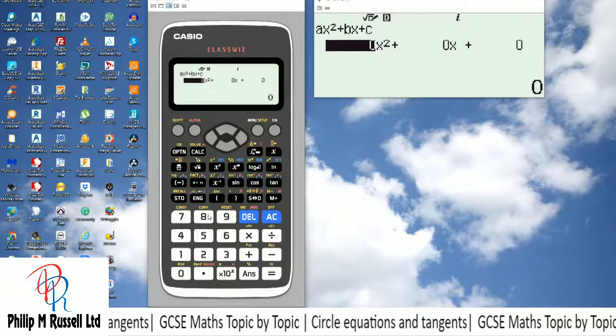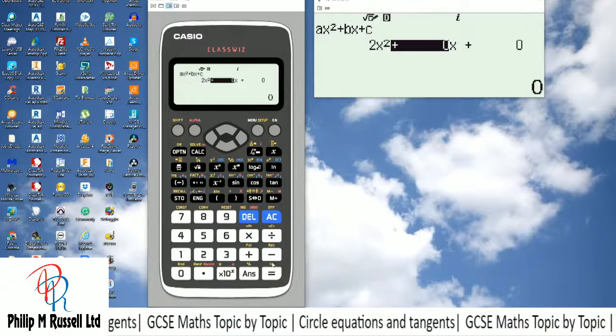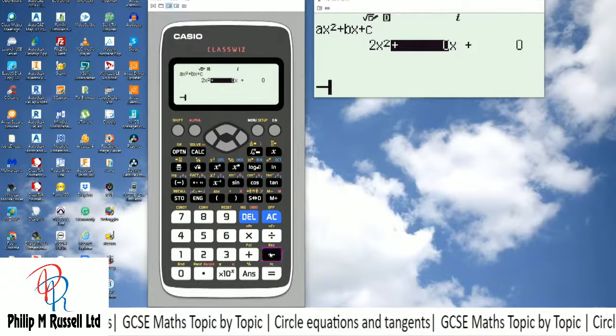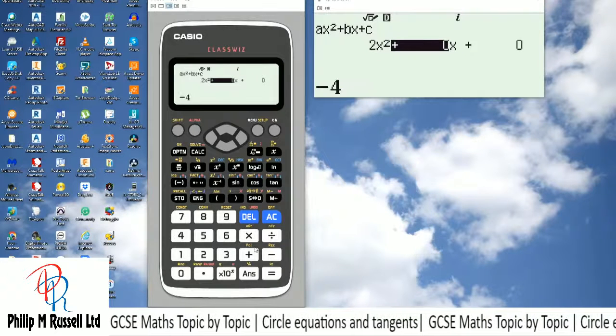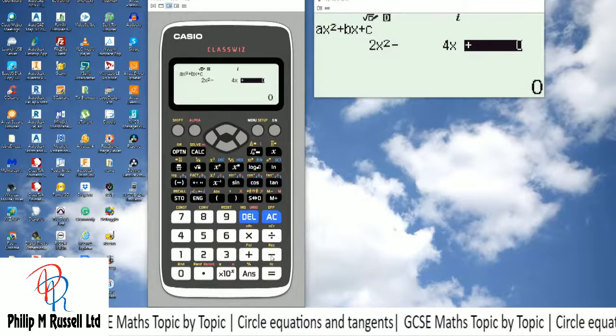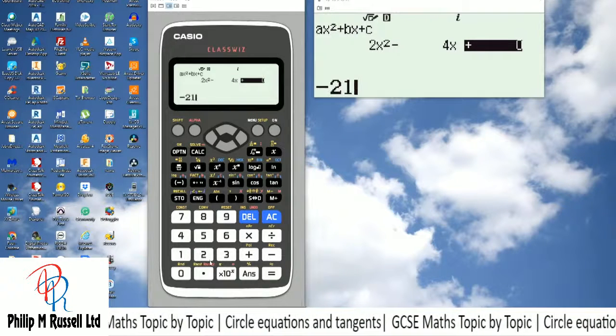So I can put in my 2x squared, then my minus 4x, and then my minus 21.